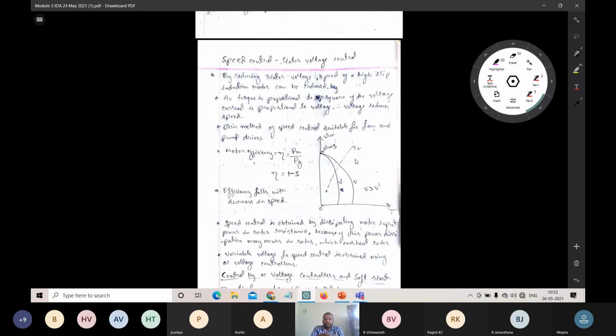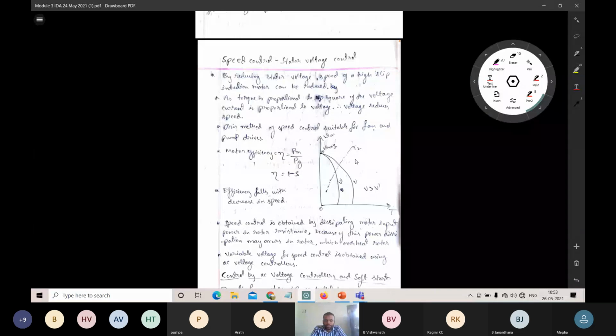We know that the torque is proportional to the square of the voltage and current. So T equals 3 IR dash square into RR dash by S, as in the equation we saw in the previous slide.